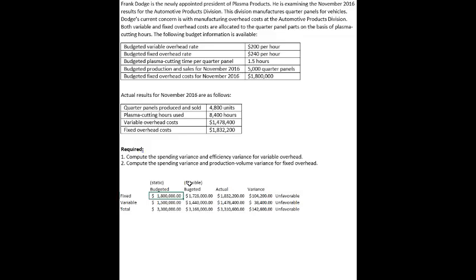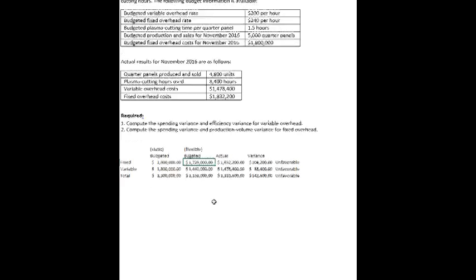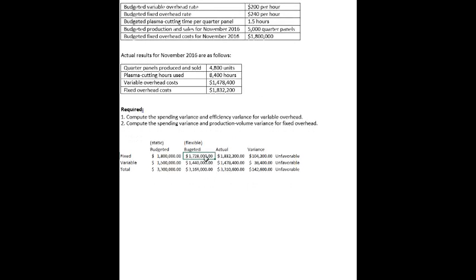If you can think back to earlier chapters, the amount of overhead that we actually record through our accounting system gets applied based on some allocation base, which is what we did with the variable amount, and we're going to do that with the fixed amount too. So that's why we have the two varying budgeted amounts for the fixed overhead. One is for the static budget and one is for the flexible budget, assuming there's some variation in fixed costs, although that kind of defeats the definition of a fixed cost.